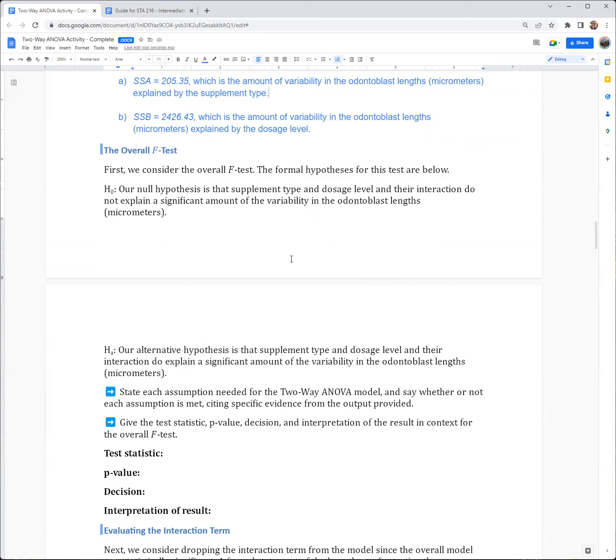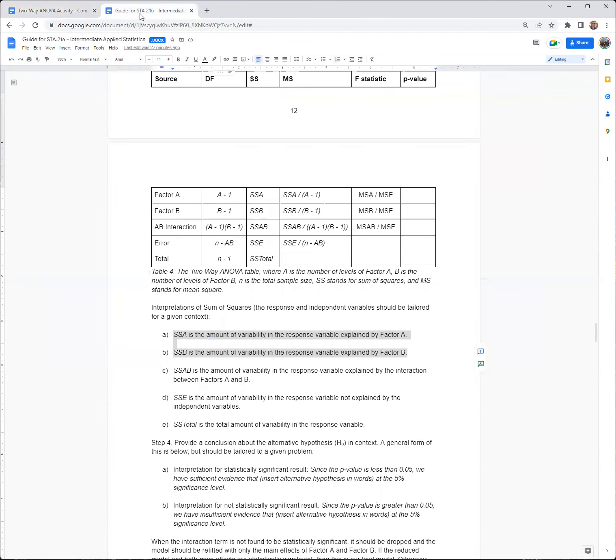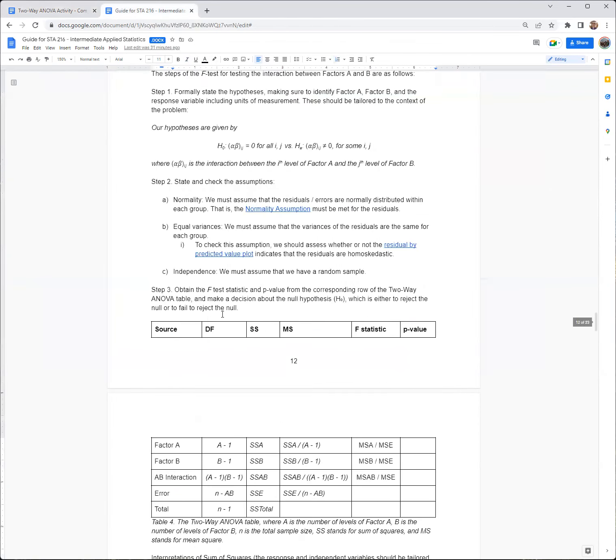The null is that the supplement type and dosage, along with their interaction, don't explain a significant amount of variability in the odontoblast lengths, whereas our alternative is that those two factors and their interaction do explain a significant amount of variability in the odontoblast lengths.